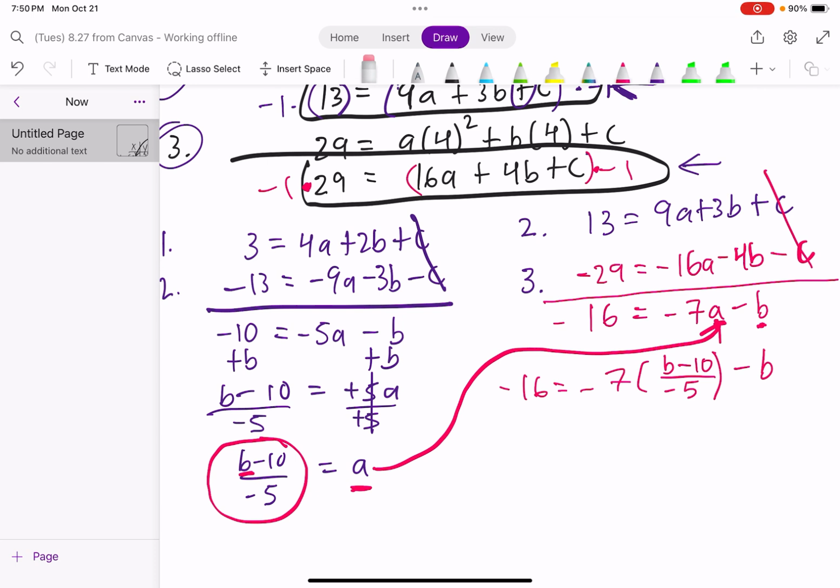All right. So we want to multiply these out. So we're going to have negative 7b plus 70 over negative 5 minus b equals negative 16.